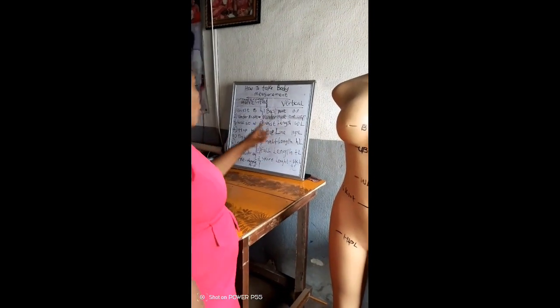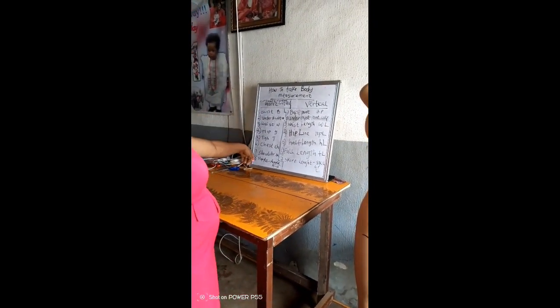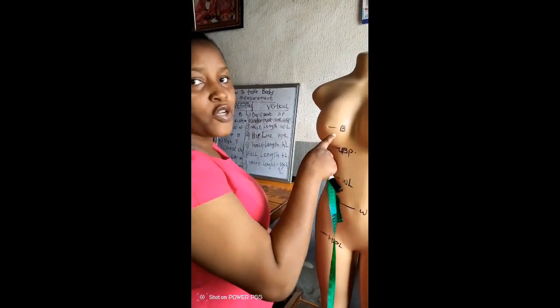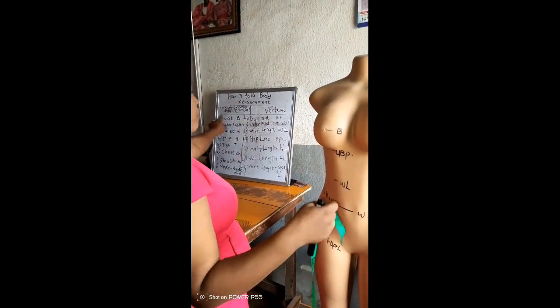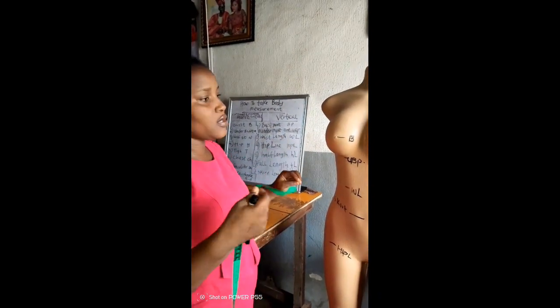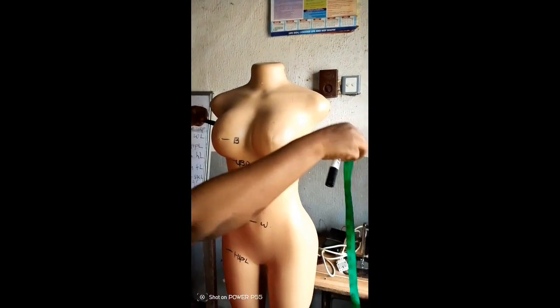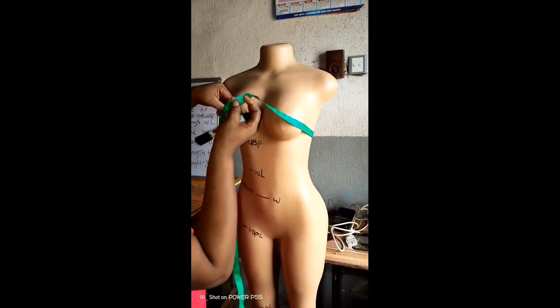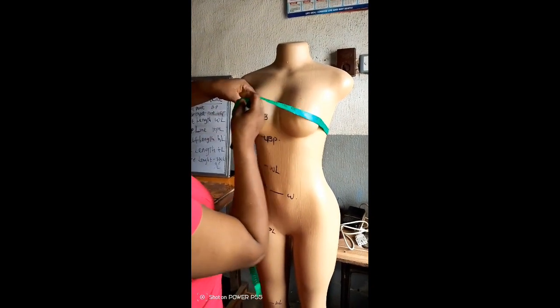We are going to the horizontal measurement, which is the bust. We have gotten our bust point. Now if you want to take your bust measurement circumferentially, which is your horizontal measurement, you take your tape, you place it round your customer or your client, and at that nipple point that will mark the bust, you place your tape.